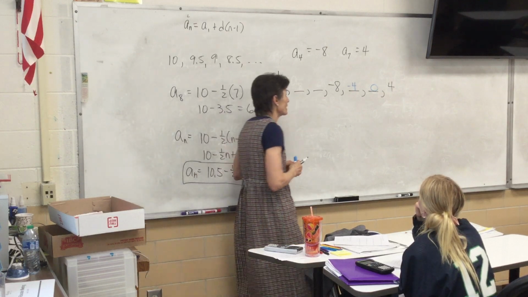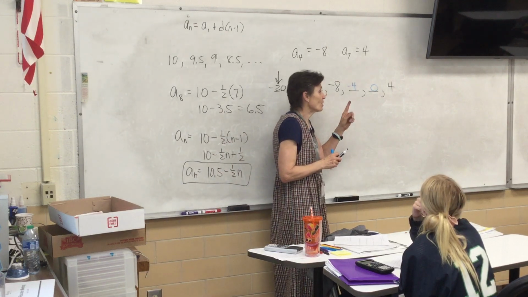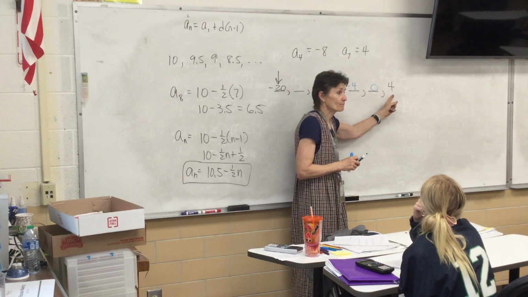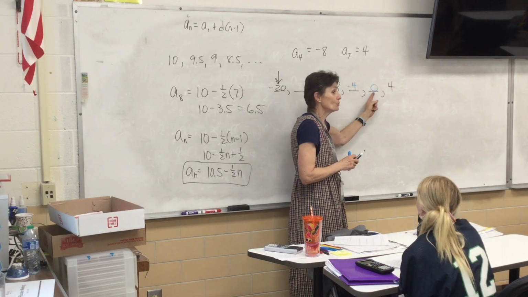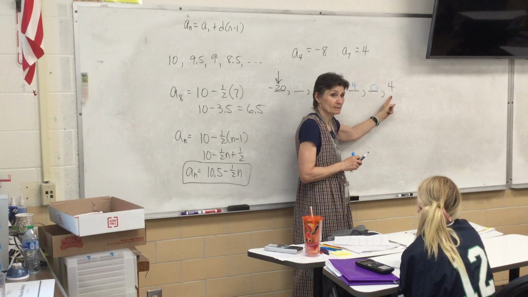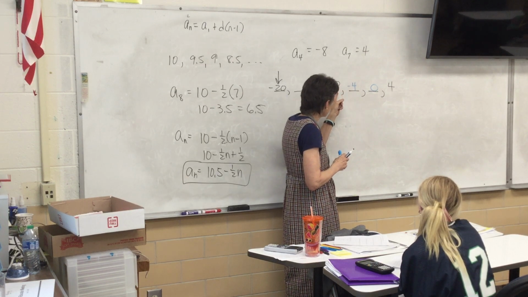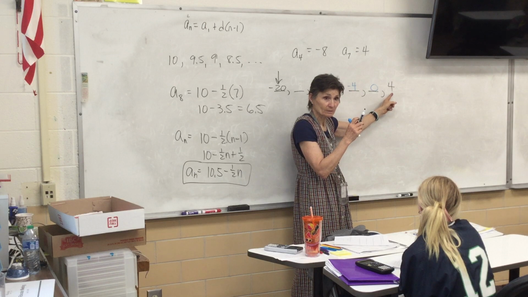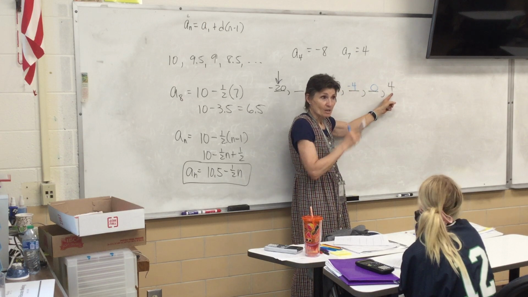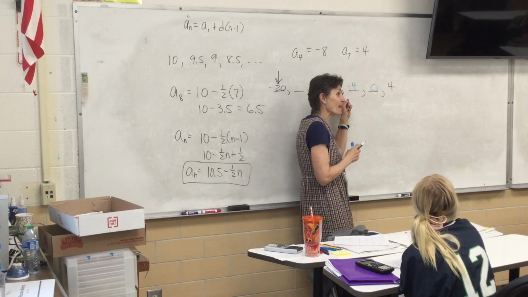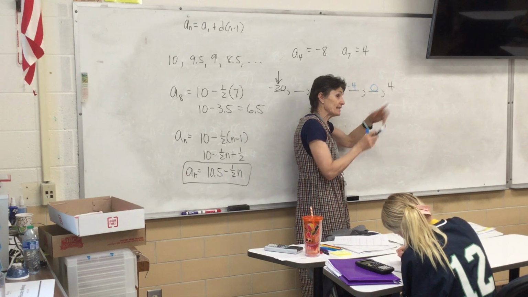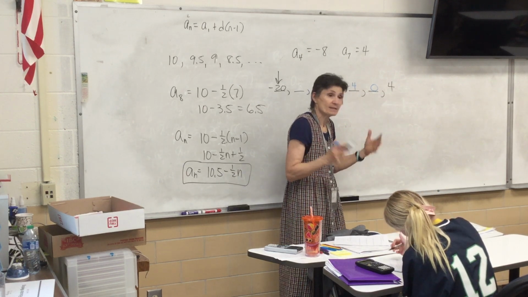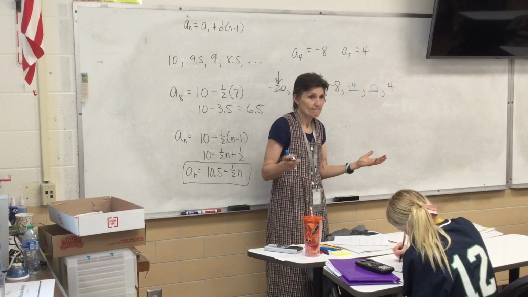I think what he's trying to say is, I know that to get from here to here, I have to add the same number 1, 2, 3 times. And the difference from here to here is 12. So if I have to add the same number 3 times, and it adds up to 12, then doesn't that number have to be 4?